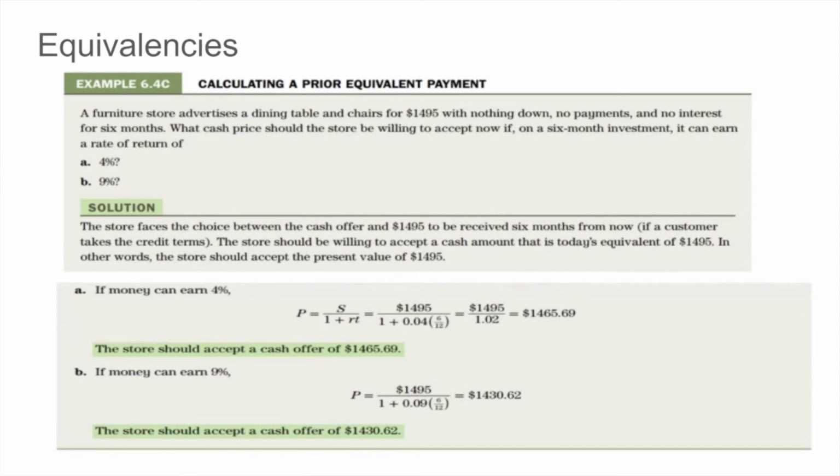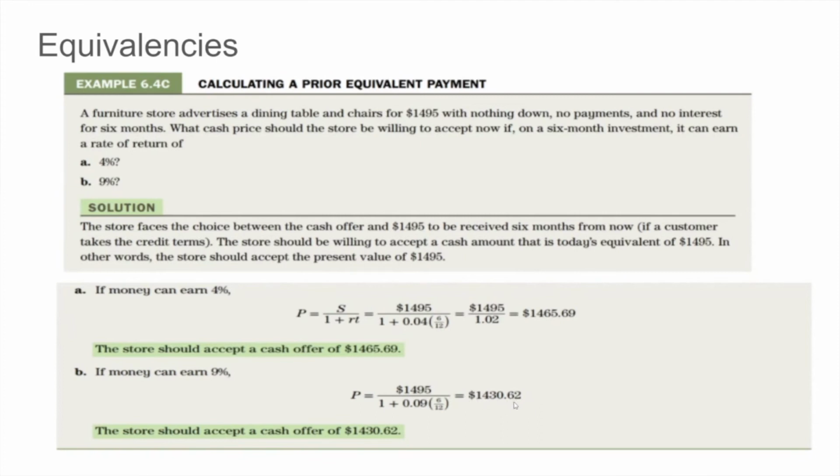The deal even gets better, or you should accept less money if the interest rate is higher. Let's assume the interest rate was 9%. Again, same calculation, it's just the rate is different, and you will get $1,430.62. In other words, 6 months earlier, that $1,495 should be only worth $1,430.62.